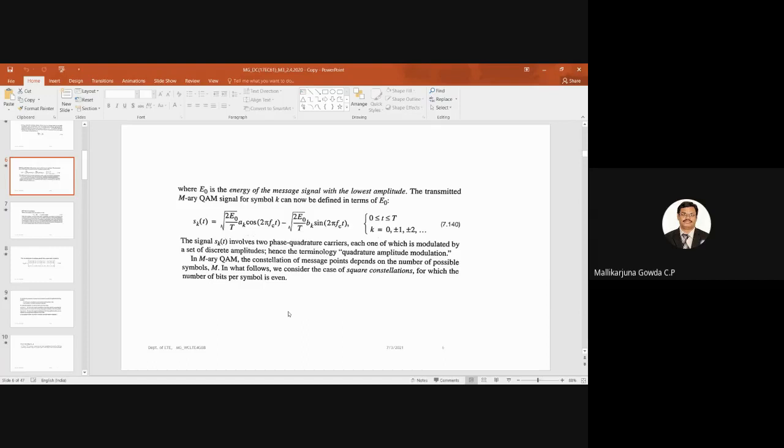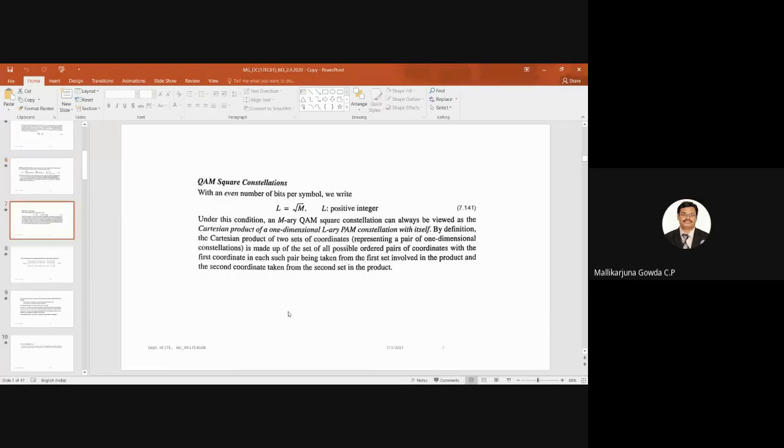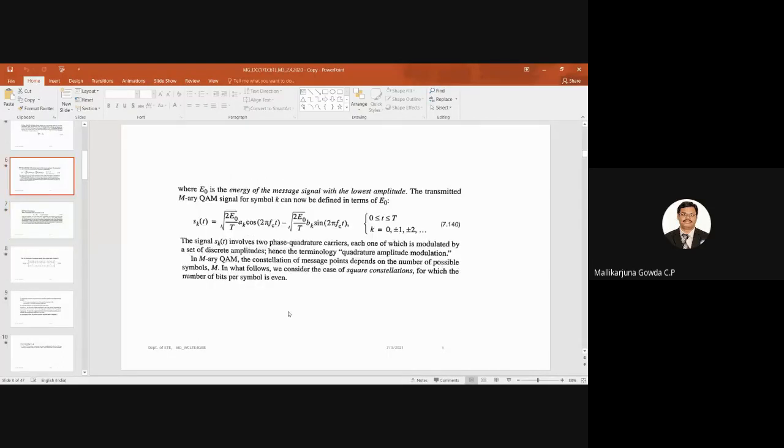So let us try with the next thing. To understand this square constellation of quadrature amplitude modulation, let me say what a square constellation is. In M-ary QAM, I said the constellation of message points depends on the number of possible symbols, that is M. So what we consider here is the square constellation for which the number of bits per symbol will be even.